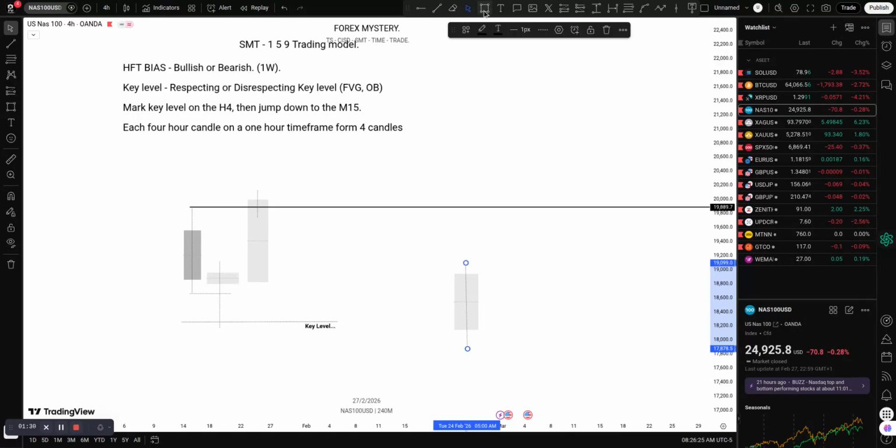We had a key level. Let's just say we had a key level around here, and price might do something like this.